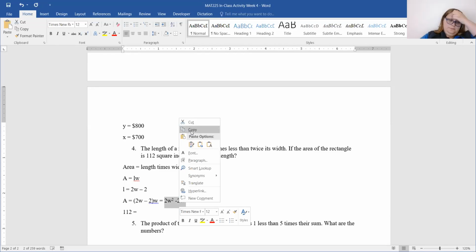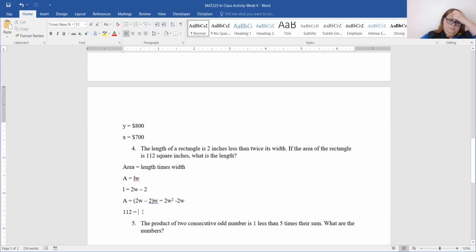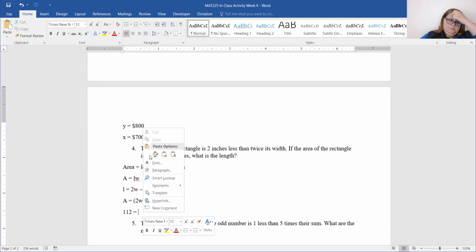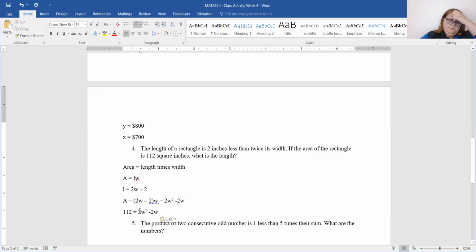It's 2W squared, take away 2W, or subtract 2W. Yeah, that's exactly right. That can be rearranged in any way you want, but this will be good enough.